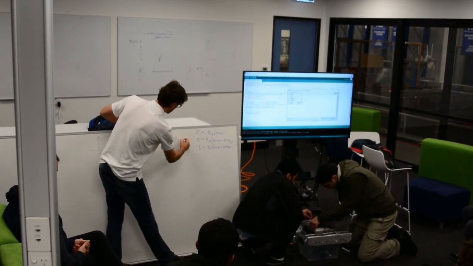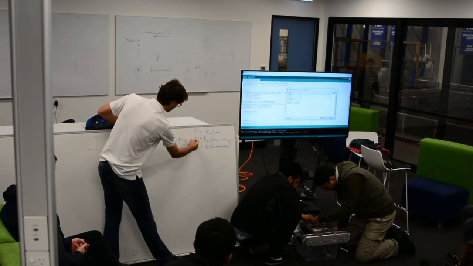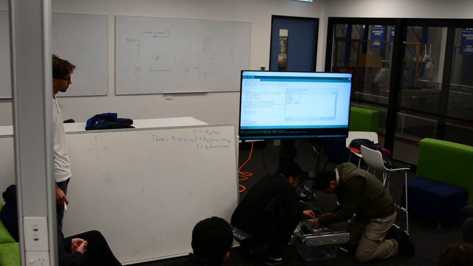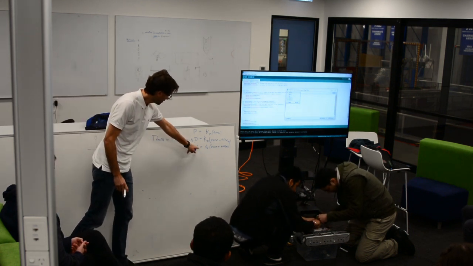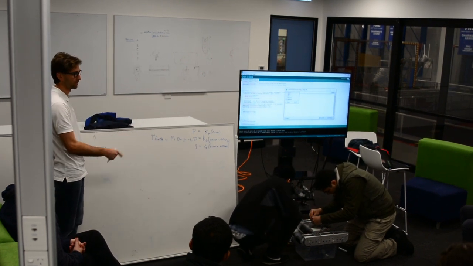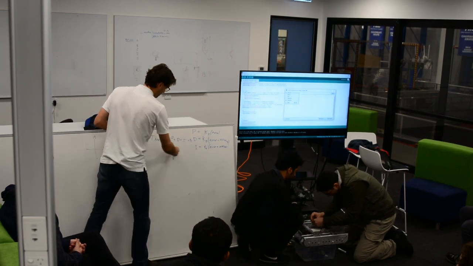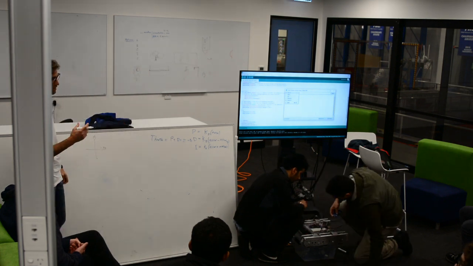P plus D plus I, plus the 90 offset. Initially, the other two terms were zero. So if we had steady state error that just sat there, every time through the loop the I term would get bigger and bigger and bigger, and it would grow until it got big enough to move it. So the I is really good at handling steady state error.